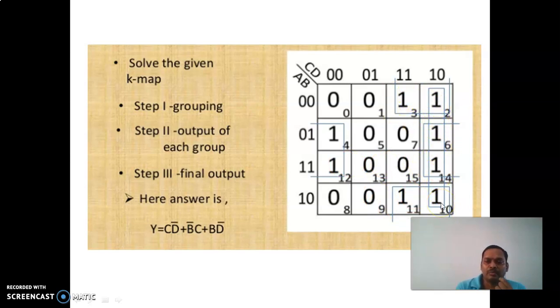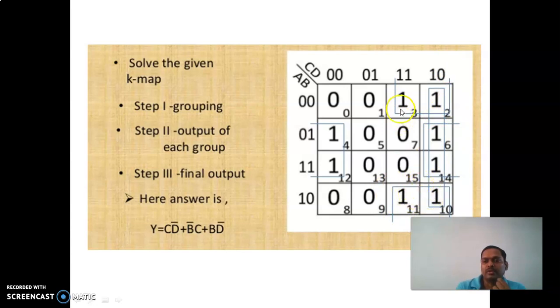So how can we map these ones? We can map adjacent cells in groups of 2, 4, 8 or 16. For example, here we have all 4 ones, so we are grouping these 4 ones as a single group, and the top two and the bottom two are also side by side adjacent cells.